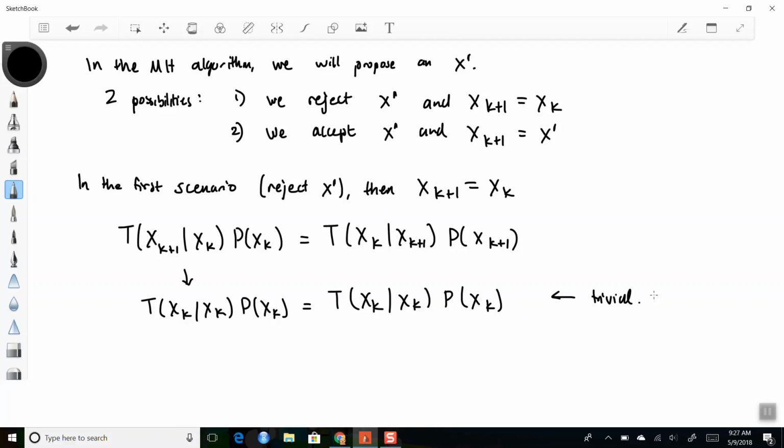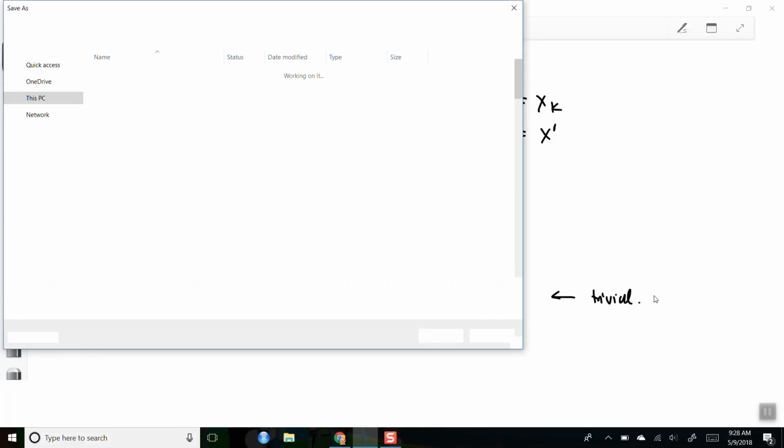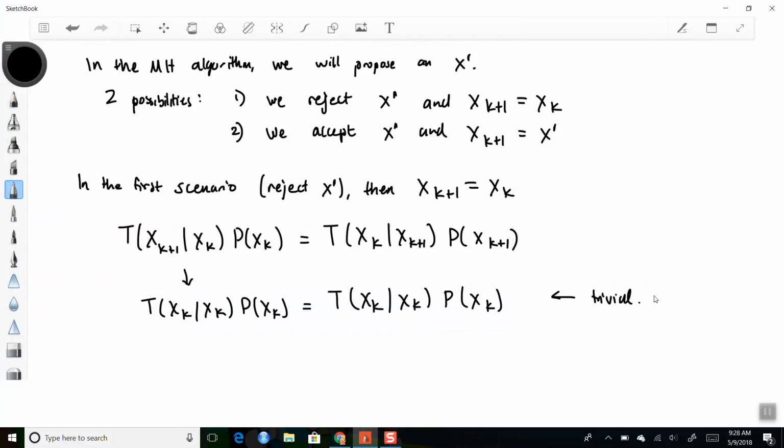Because x_{k+1} is equal to x_k, it's saying, like, is the number of people that go out and come back equal to the number of people that came in from going out? Yes. It's balanced, right?